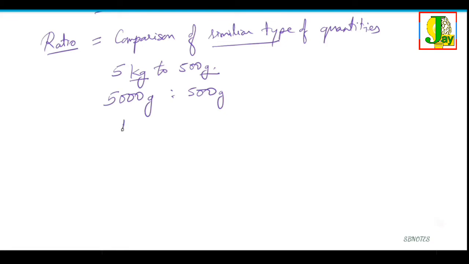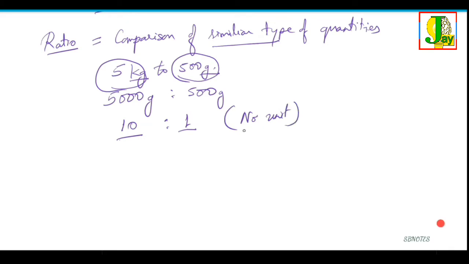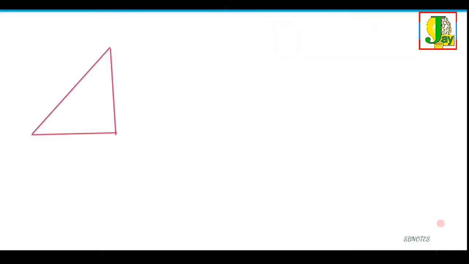That means the first quantity is 10 times the second quantity, and that's the ratio 10:1, and no unit. So ratio has no unit, as you are comparing two quantities of same type.